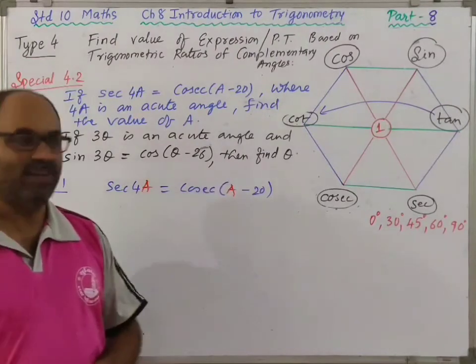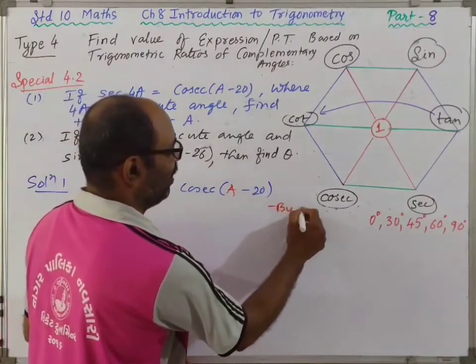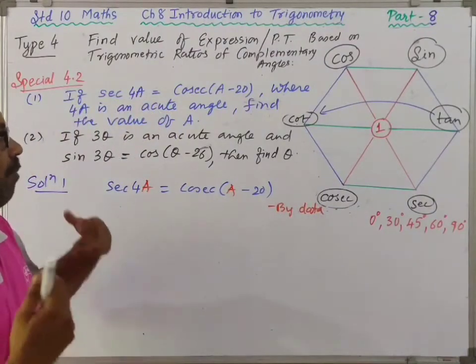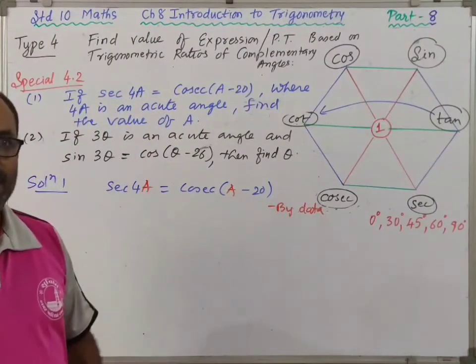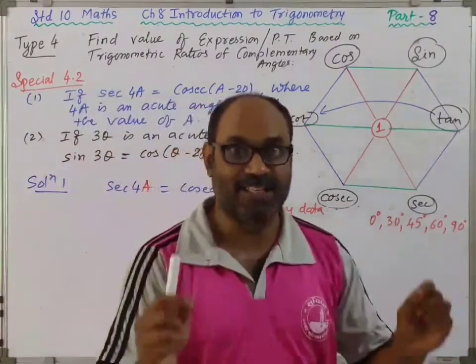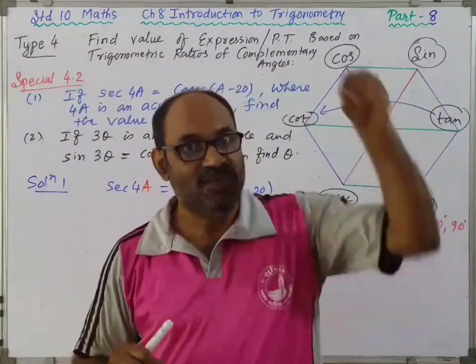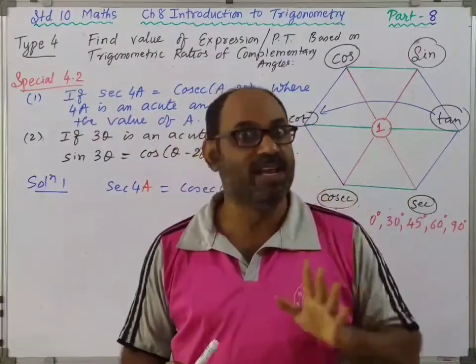You have to find the value of a. This is by data, or you may write given. Children, you have to find the value of a. A is unknown. A is the variable. So I need an equation in which there is only the variable a.